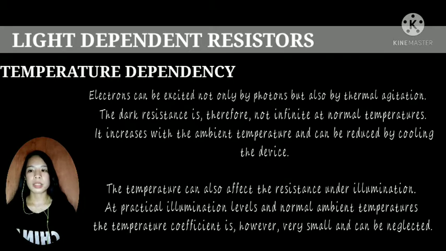It increases also with the ambient temperature and can be reduced by cooling the device. The temperature can also affect the resistance under illumination, but at practical illumination levels and normal ambient temperature, the temperature coefficient is very small, and it can be neglected.